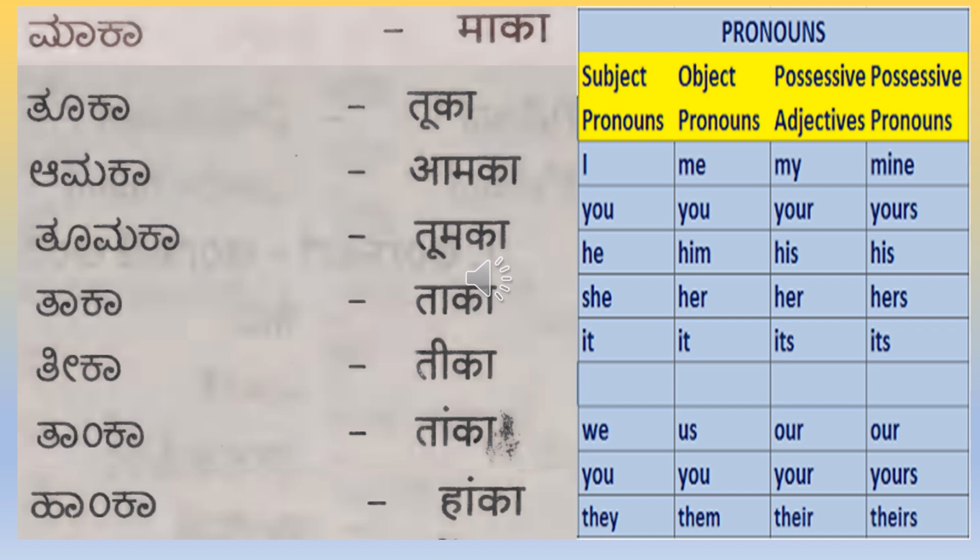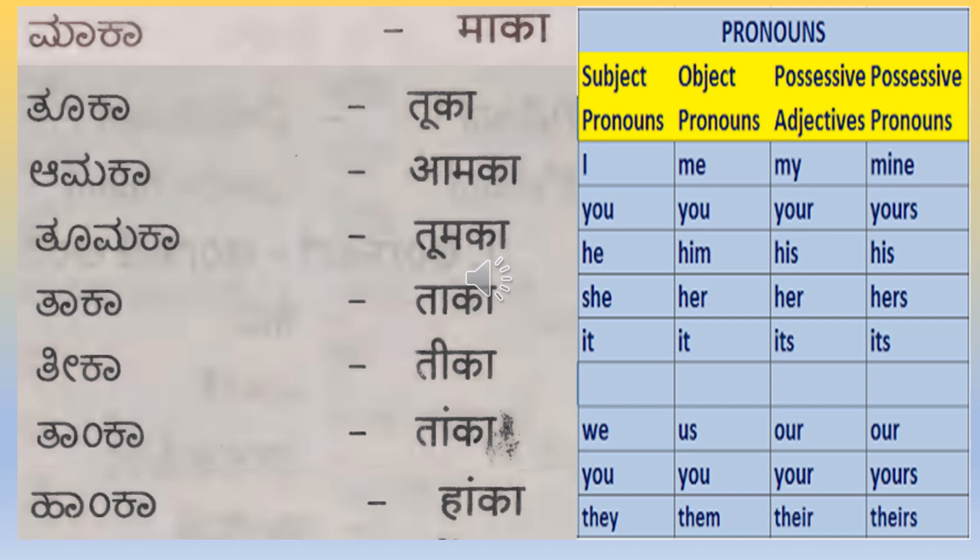Hai, amka di, amka konkani shikai. Tumka, for you in plural. Amka, to us. Tumka, for you in plural. Takka, for him. Tikka, to her. Tanka, to them. Hanka, to them with closer proximity.